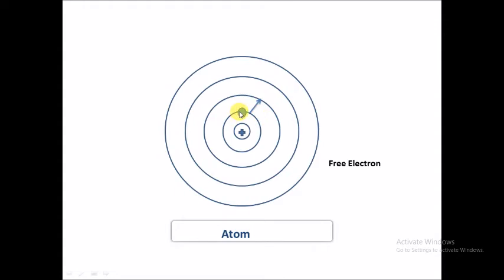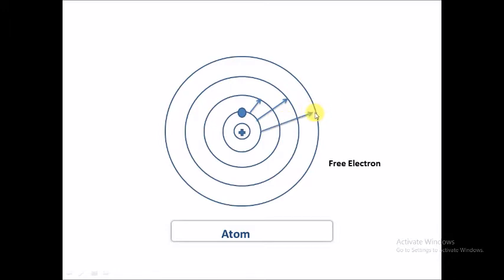Again I provide more energy to this electron, so that it goes to the next higher excited state. It will be here, and now the energy of that electron will be 15 electron volts. Again I provide more energy to this electron, and now it will go to the next energy level.